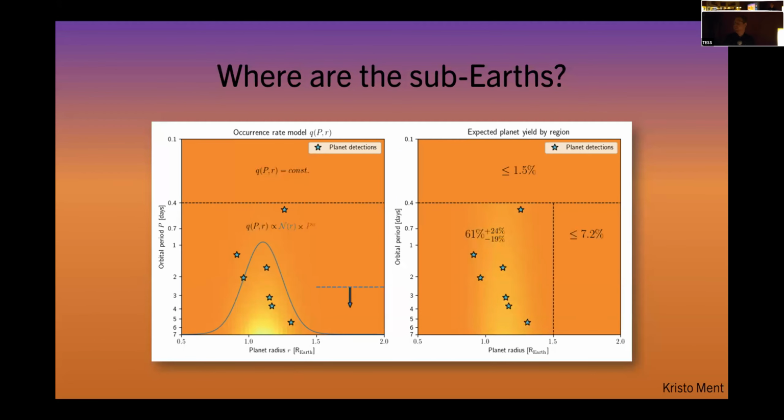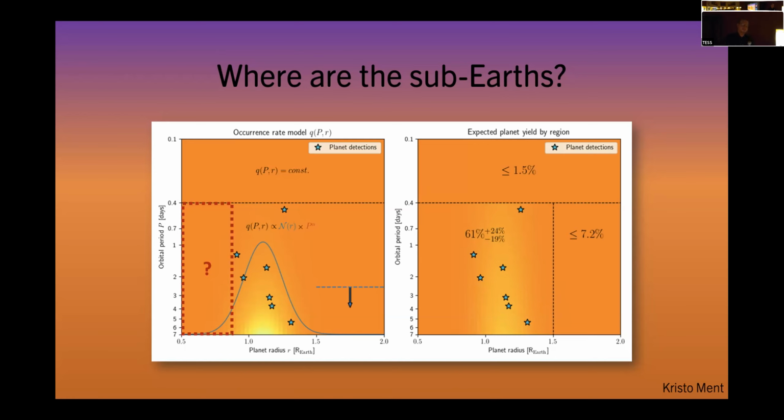And one last result I would like to comment on: now that we've established that larger planets are really missing from around these stars, what can we say about sub-Earths? There are no known planets with radii below 0.9 in the sample, but I do have some sensitivity there.